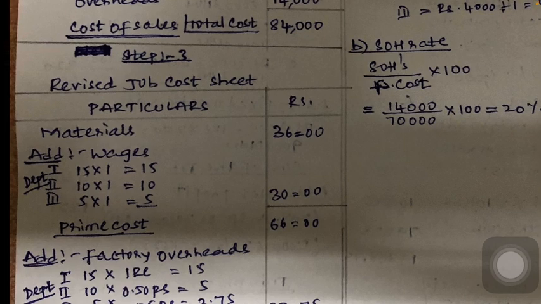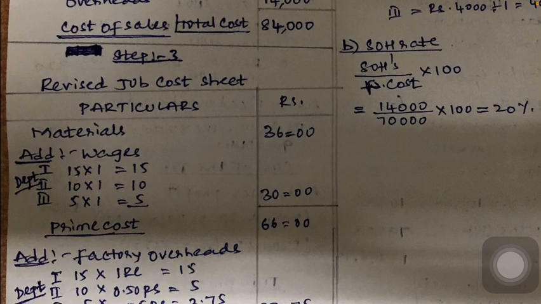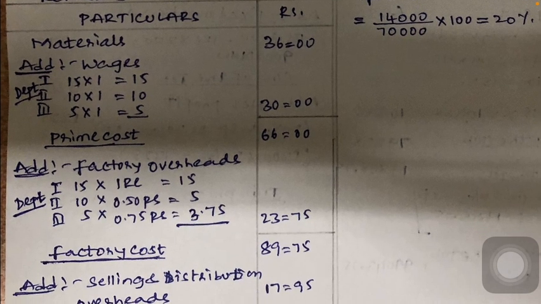In that we have to take the details as given on page number F7, first part. Up to prime cost same: materials 36 rupees, wages 30 rupees, 66 rupees is prime cost. Then the changes. Add factory overheads.